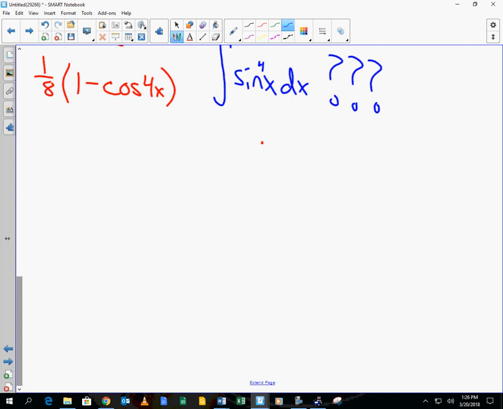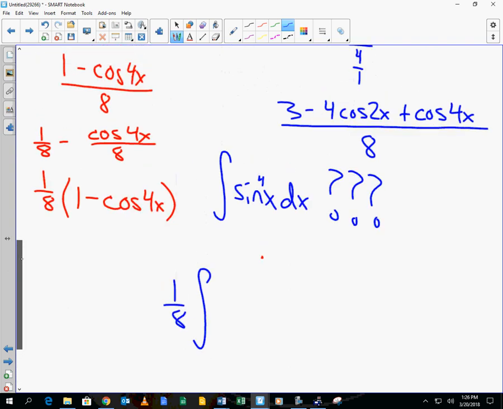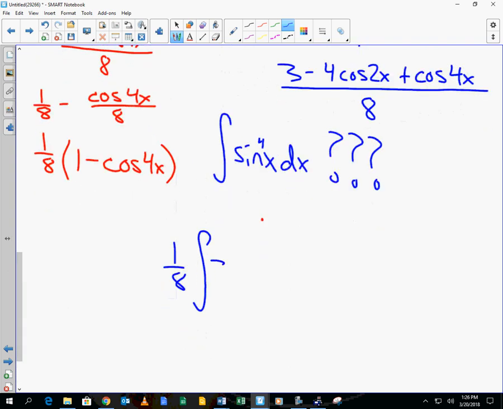But I do know how to do this. Integral 1/8 times 3 minus 4 cosine of 2x plus cosine of 4x dx. I do know how to do that problem.